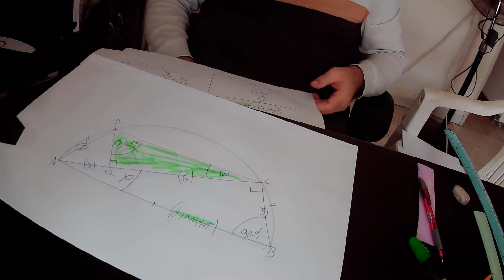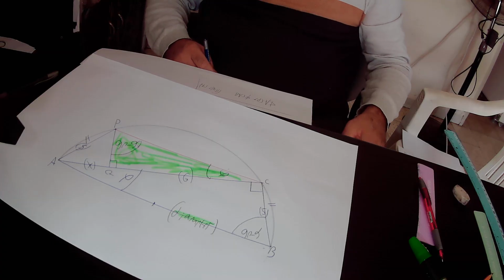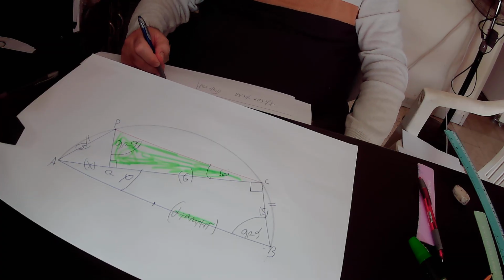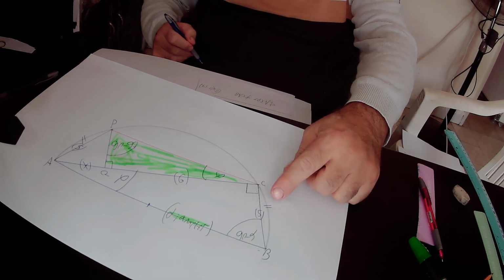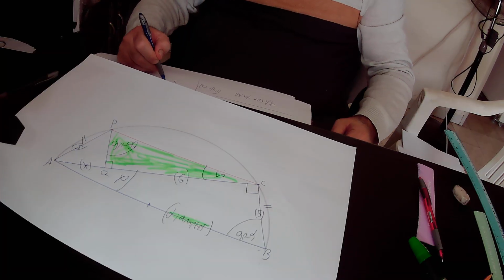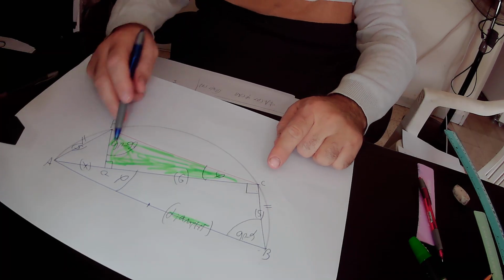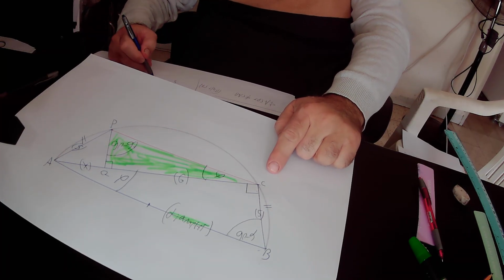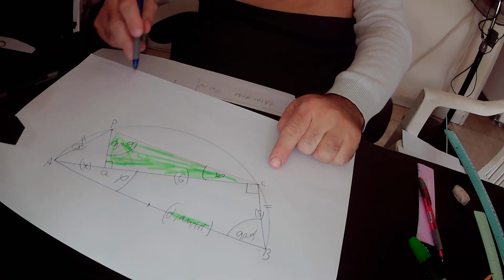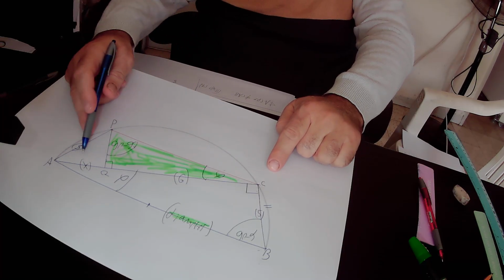PQ is the missing side, so we will leave it as it is, over CB, CB is 5, equals QC, QC is 6, according to the given, over AC, AC in total equals x plus 6.